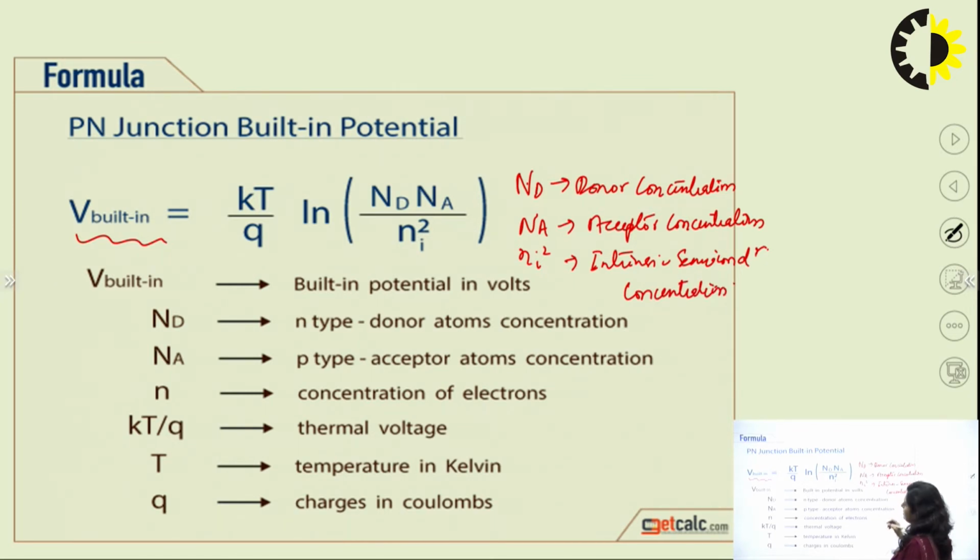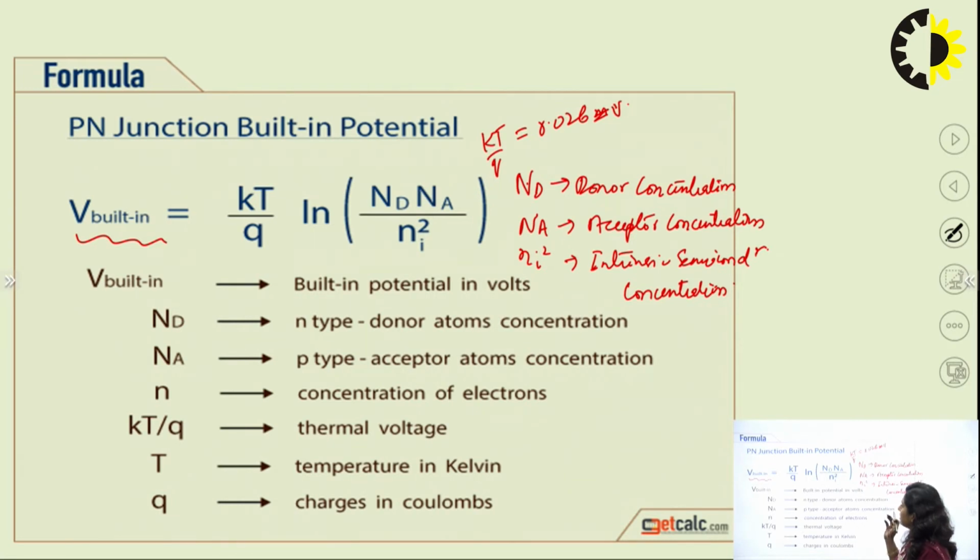KT by Q is equivalent to around 0.026 volts, which you can take in numerical problems. So KT by Q ln Nd Na by Ni square is the built-in potential.